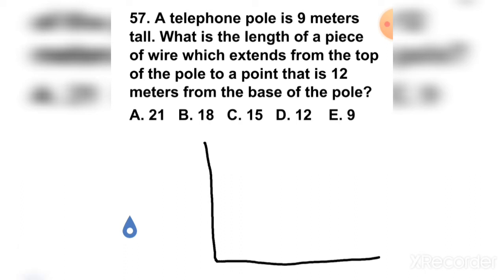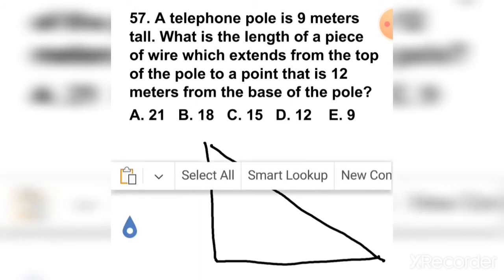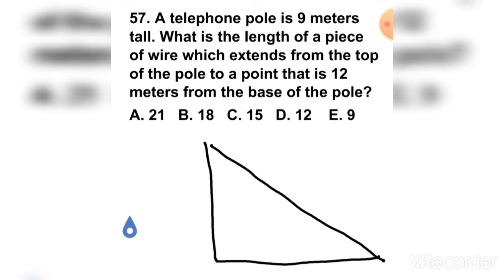So the problem forms a right triangle. The wire from the top to a point 12 meters from the base of the pole is the hypotenuse of the right triangle. Okay. So the base is 12 meters.